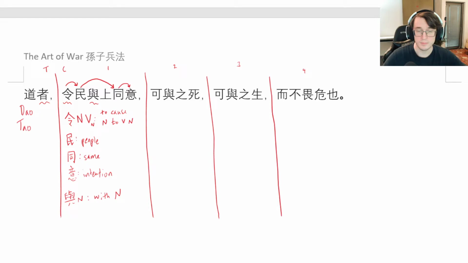Same as who? In this case, we have shang. So if you're familiar with Chinese at all, or maybe even Japanese or some other East Asian languages, you recognize this as being above or top. In this case, it means those above, the people above, so your superiors.